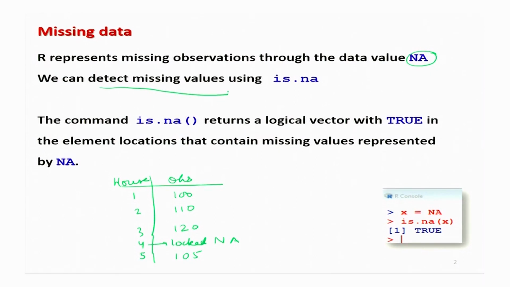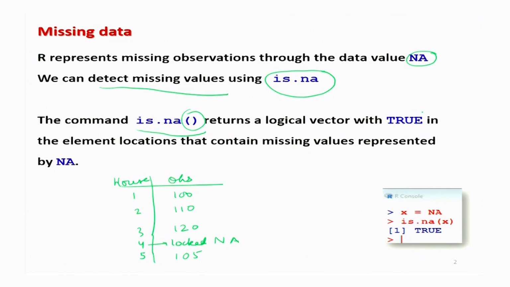or from the variable. So the command here is is.na. All of this is.na is written in lowercase alphabets. In case you want to know whether there is any value missing in some variable, you write is.na, and inside the parenthesis you write the variable name, and this is going to return a logical value, that is TRUE or FALSE.